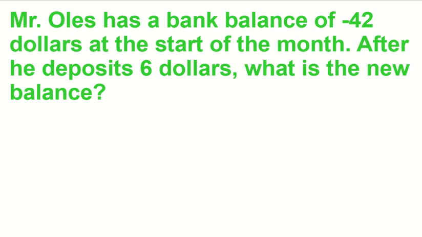Still not great, but I guess better than negative 42. Couple things with this. He's starting with the negative 42. The negative 42 is going to go first, okay? That's where he's starting off. When you deposit money, are you adding it or subtracting it to your total? Adding. So when he deposits $6, he is adding $6.